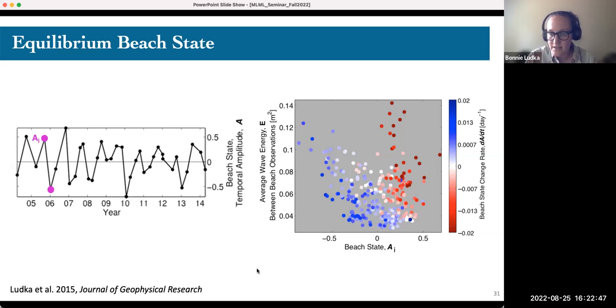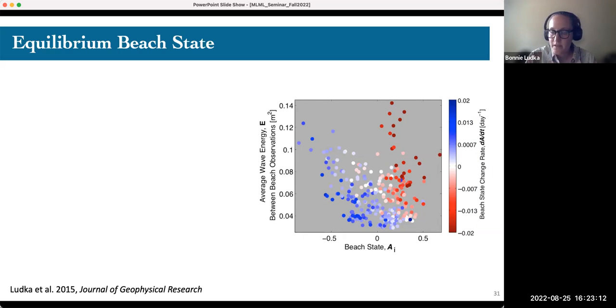So on the x-axis, we take the initial beach state of those consecutive surveys, and we plot that on the x-axis. The y-axis shows us the average wave energy that occurred between those two surveys. Then the colors are showing us the beach state change rate that occurred between those two surveys.